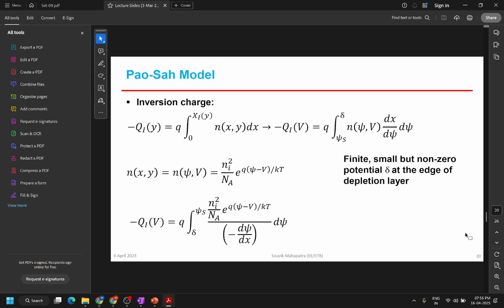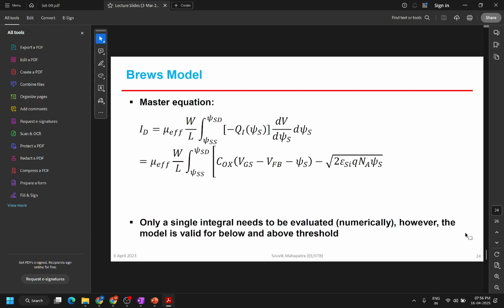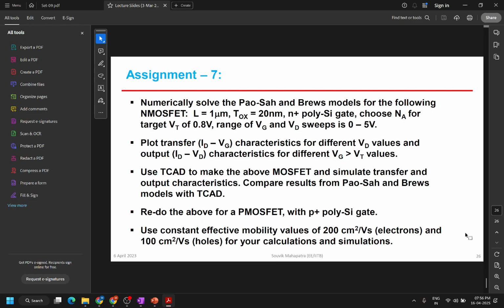So this is just calculation of your drain current, different models. So there's a Pao-Sah model for calculating your drain current. There's a Brews model. Then there's a piecewise model.